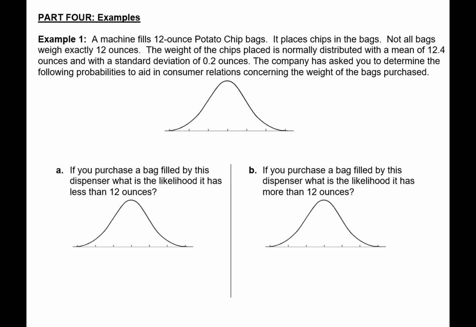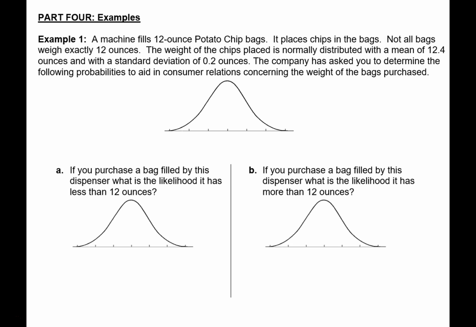Okay, so think about being in the grocery store for a minute. You are on the potato chip aisle. You are about to grab a bag of potato chips. On the package, that potato chip bag is going to say 12-ounce bag. Now, machines are pretty accurate, but they're not perfect. Potato chips are also different sizes, and stuff gets complicated in the factory where they're packaged, right?